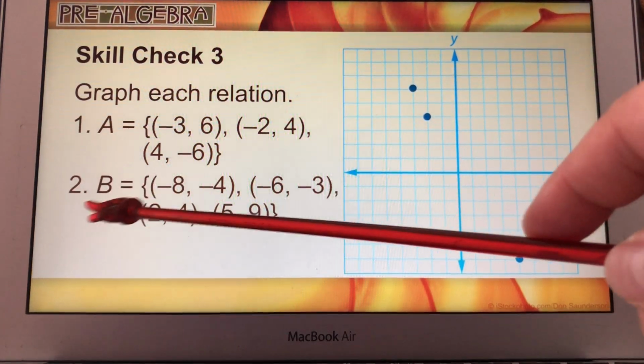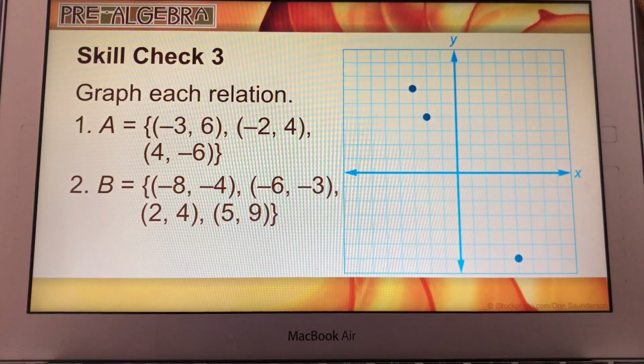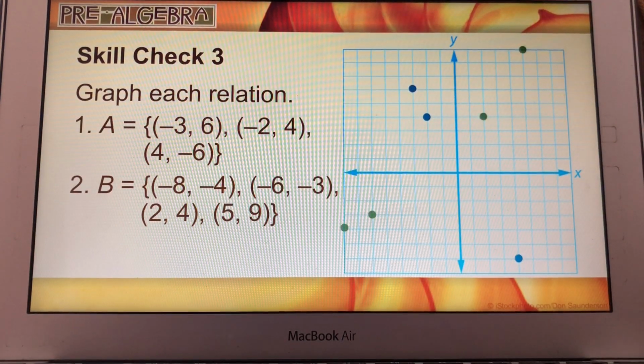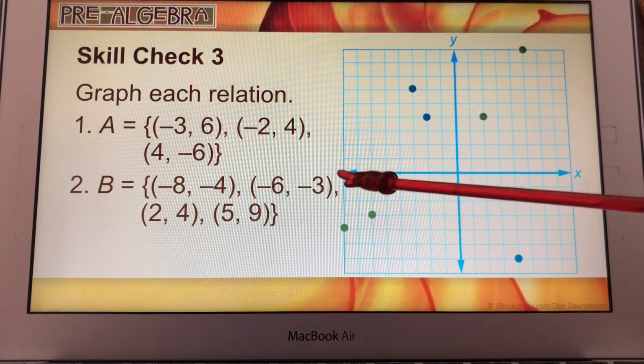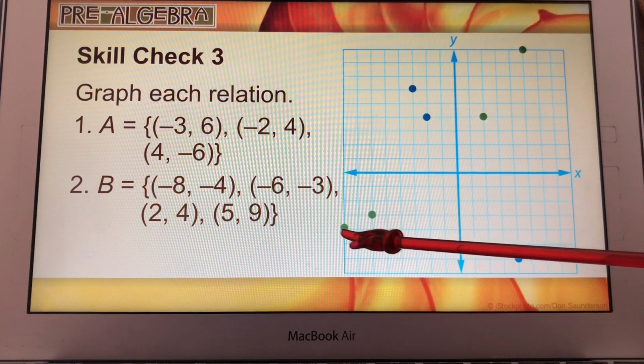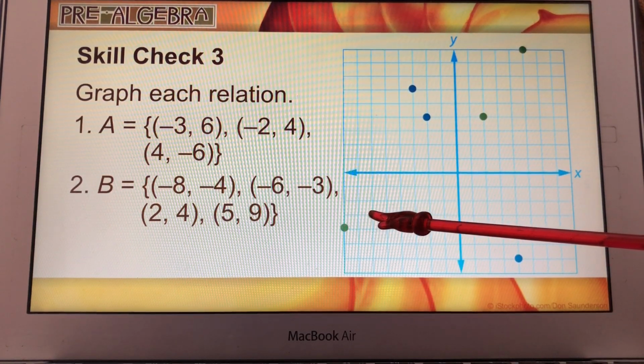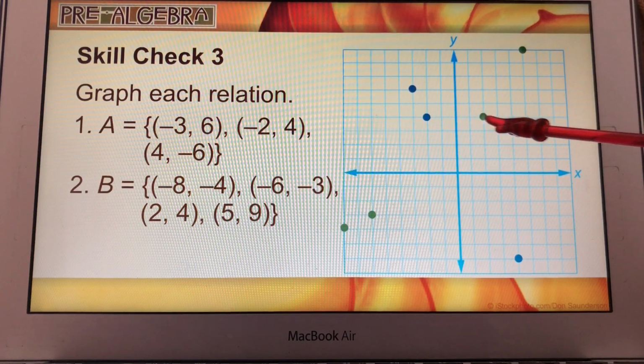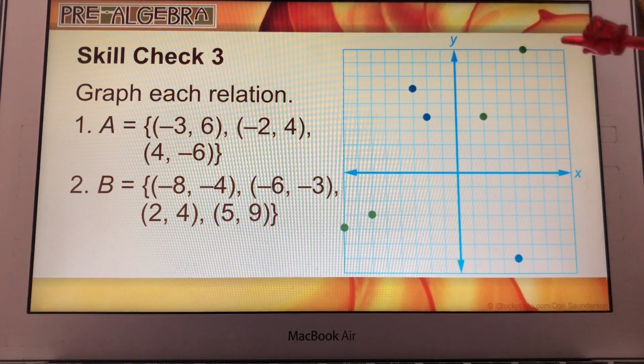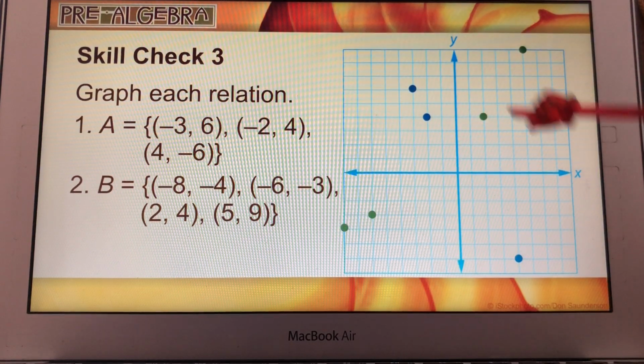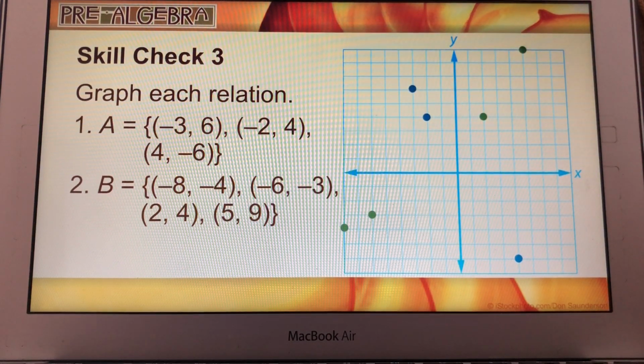Letter B, or relation B, we want to plot -8, -4, then -6, -3, then 2, 4, which is up here, and then 5, 9 all the way over here. So pretty simple on how to graph these relations, right?